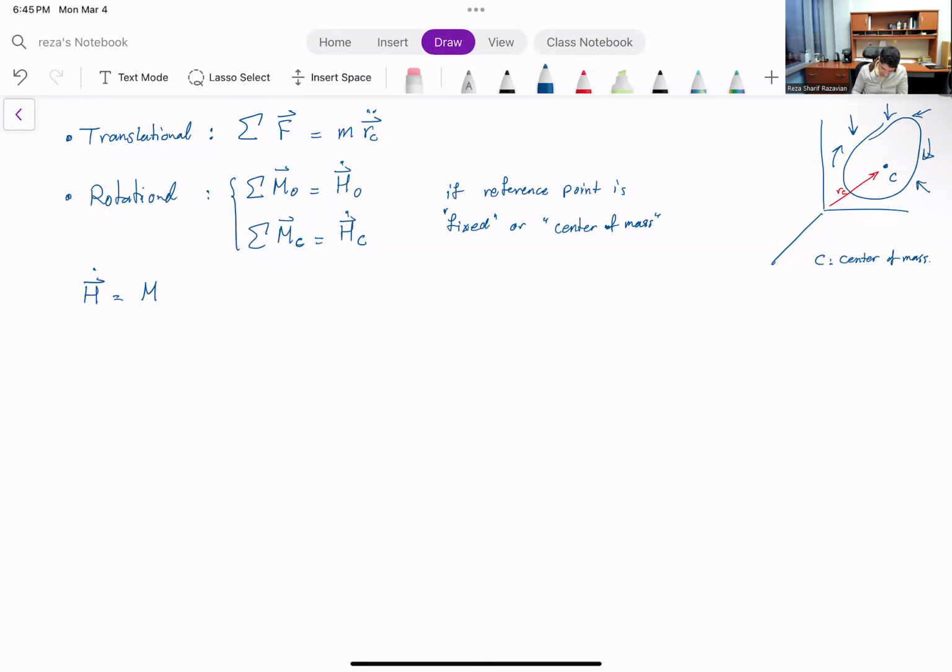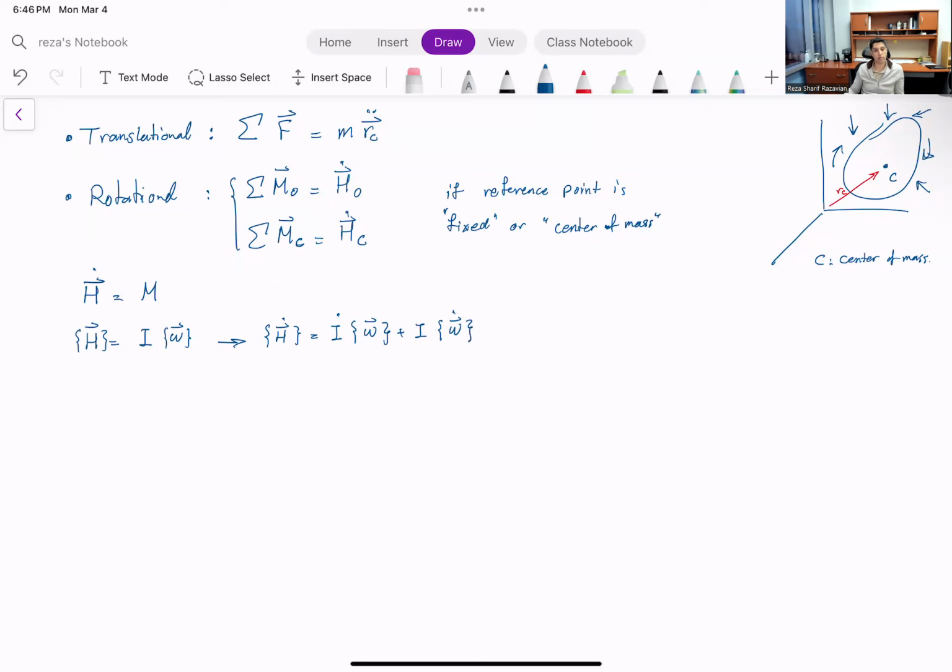So in the previous video, we saw H was, let me write it in matrix form, H was I times omega. Now, if I take the derivative, H dot equals I dot omega plus I omega dot.